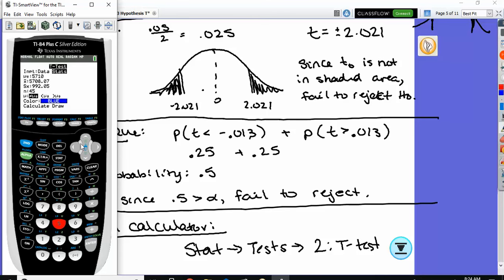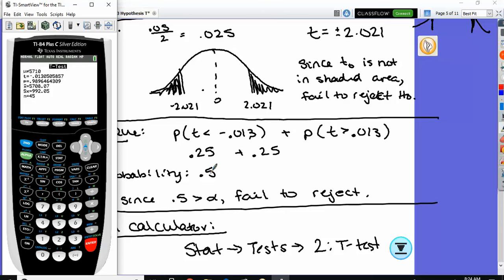What was my n? And then we are testing not equal. So if you go to calculate, it gives us the t-value, negative 0.013. Isn't that what we got when we did it by hand for the t? Then it gives us the p.